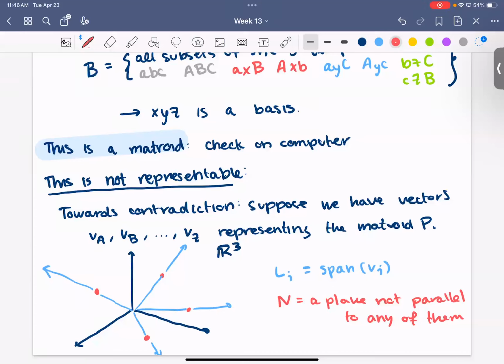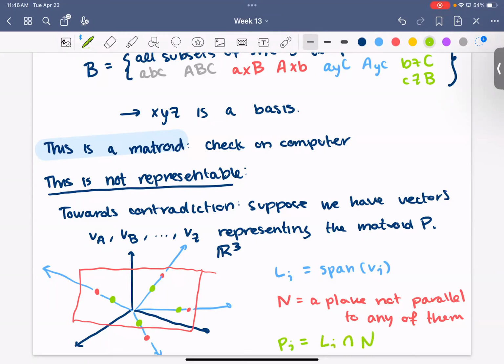This picture is going to get a little weird because it's hard to draw in 3D. So here's my plane. In this plane, I'm going to consider where each line intersects the plane. So I'm going to let P sub i be the point where L sub i intersects the plane.